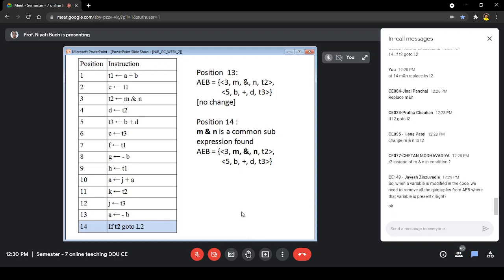Let me give you some exam-oriented tips. In your examination, if you are asked to go for local common sub-expression elimination, whether you are asked to explain it, give a demo, or apply it on a given basic block, you have to do these particular steps.